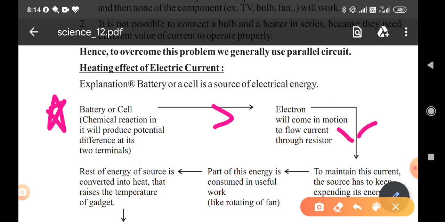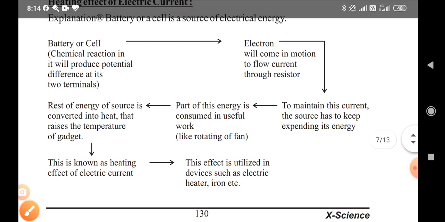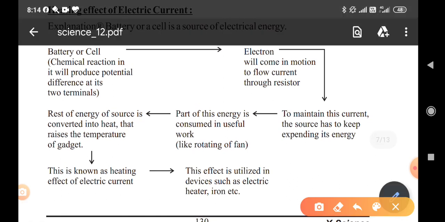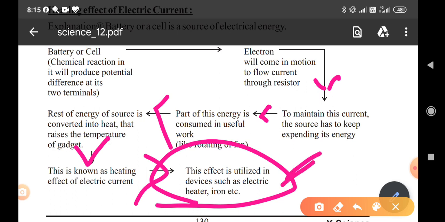To maintain this current, the source has to keep expending its energy, and part of this energy is consumed in useful work like rotating a fan or glowing a bulb. The rest of the energy of the source is converted into heat that raises the temperature of the gadget. This is known as heating effect of electric current. This effect is utilized in devices such as electric heater, iron, etc.